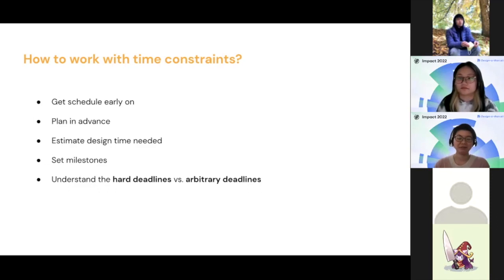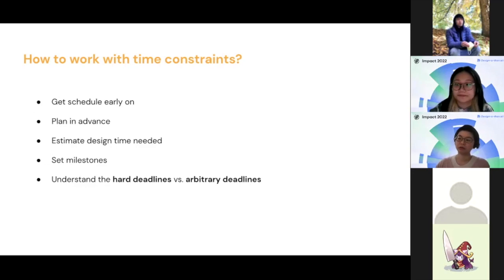Because you likely need to work with some internal teams to get feedback, and then you need to hand it off to engineering, and engineering also needs their time to build out the products. So you need to figure out the schedule early on.